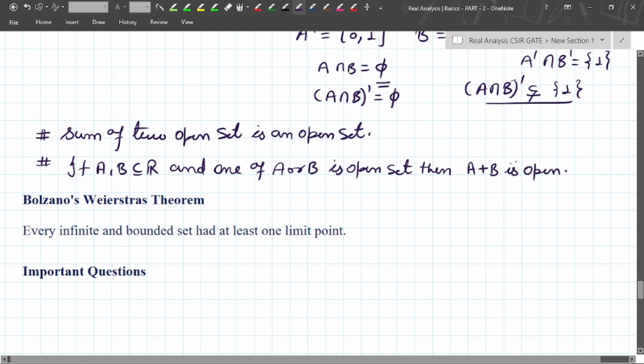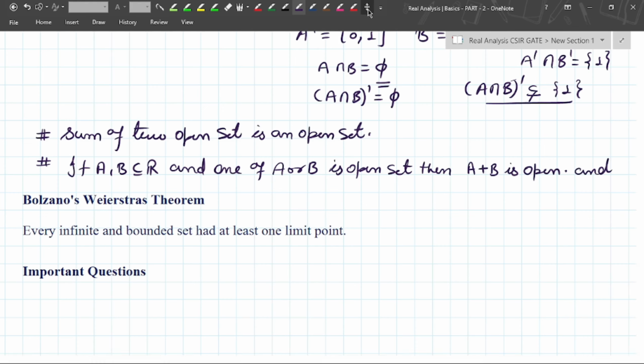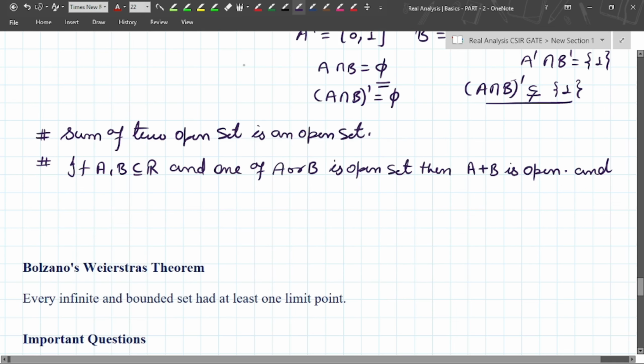And also, if both A and B are closed, then A plus B is closed.